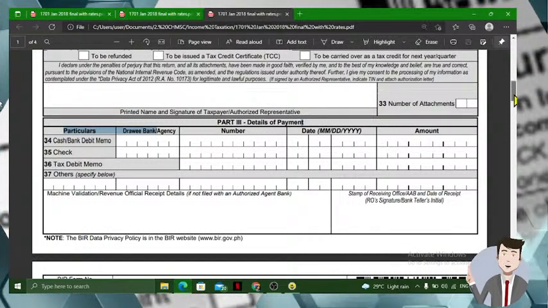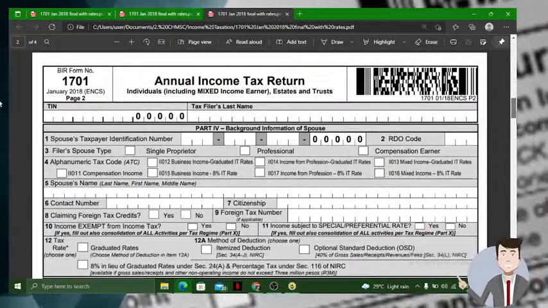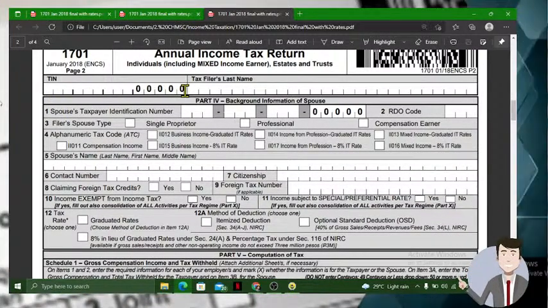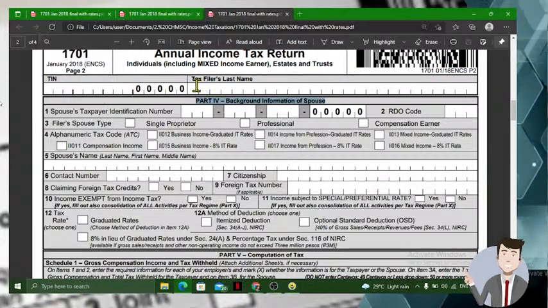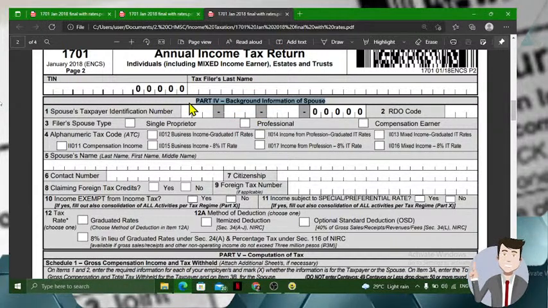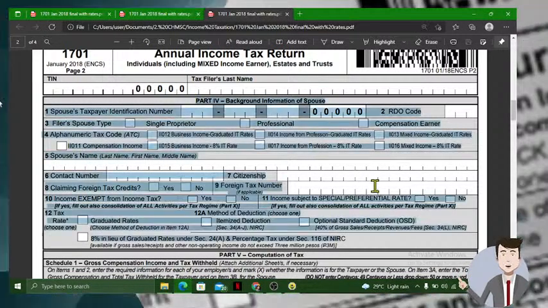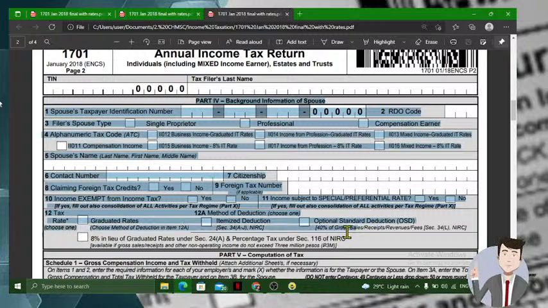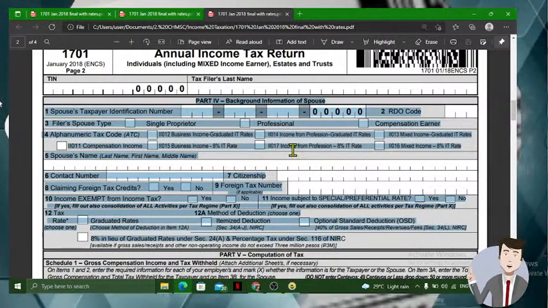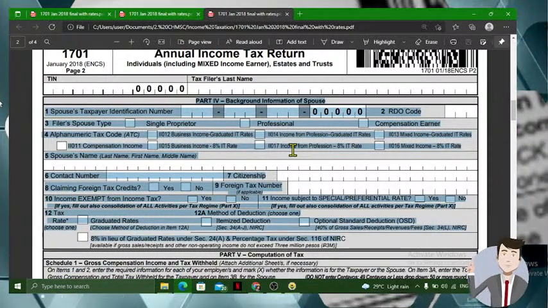Okay? So next, page 2. This is for the TIN of the taxpayer and the taxpayer's last name. Okay? So this information pertains to his spouse, if they are joint filers.